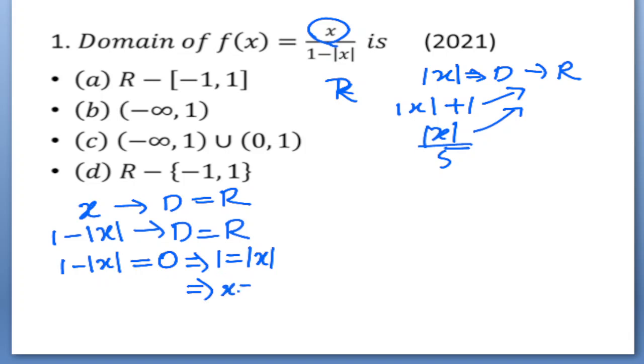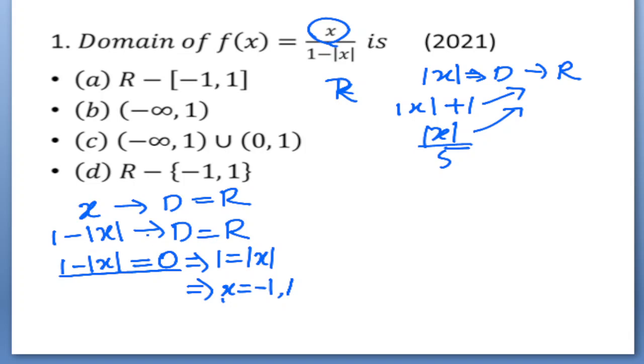One is x is equal to minus 1. If you put minus 1 here, modulus of minus 1 is equal to 1. So LHS is RHS. And one more possibility for this equation is 1, that is 1 is equal to 1. So for these two values of x, minus 1 and plus 1, 1 minus modulus of x will be equal to 0. So we know it should not be equal to 0.